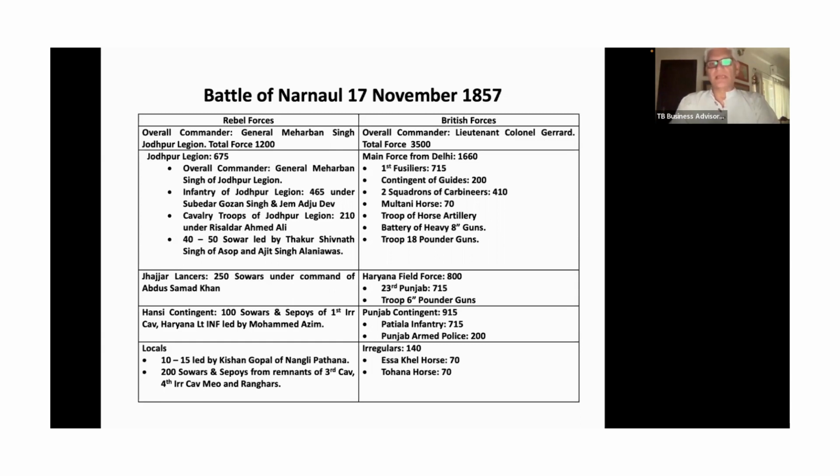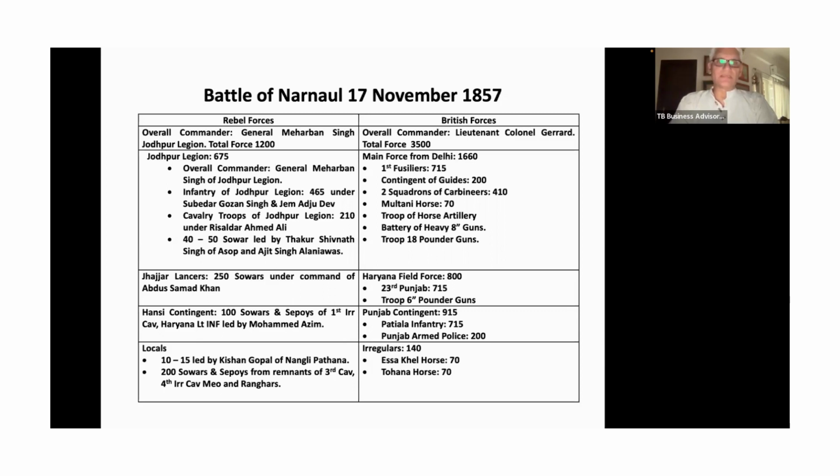This force had rebelled at the beginning in September, and had three engagements with the British. In all three, it had prevailed over the enemy. Hence, it was undefeated at the end of September when they came to know of Delhi having fallen to the British.